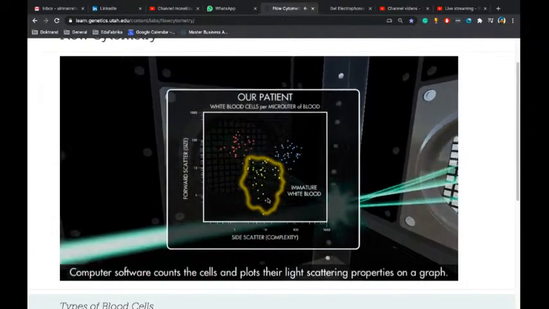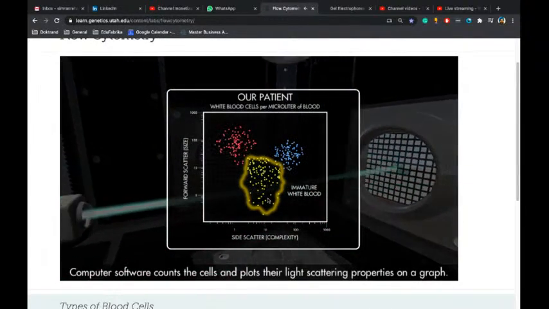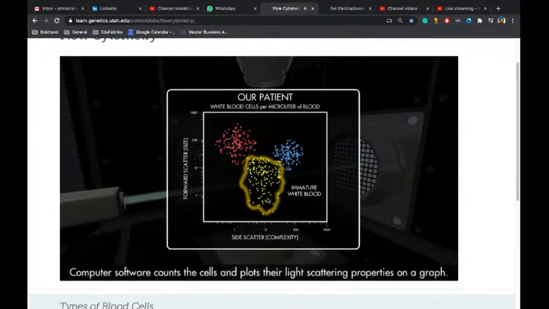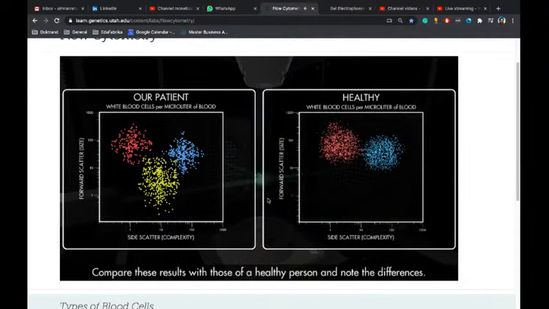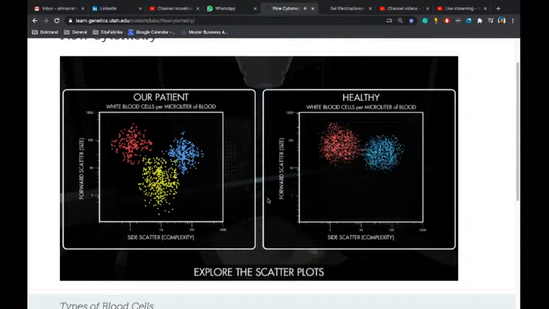Computer software counts the cells and plots their light scattering properties on a graph. Since each cell type has a different scatter profile, we can use the graph to identify the cell types present in the blood sample and their proportions. Does this person's blood count look normal? Compare these results with those from a healthy person and note the differences.